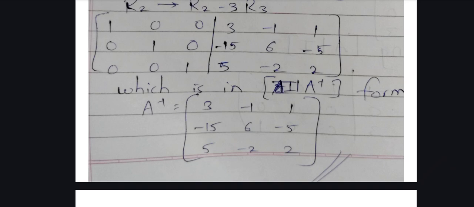So finally we have got our A inverse, that is 3 minus 1 1, 15 6 minus 2, 5 minus 2 and 2.